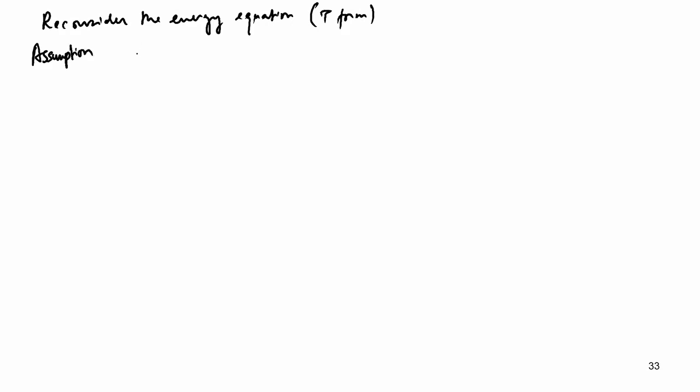So if we reconsider the energy equation in T form, with the assumption that Cpi is equal to Cp, P is equal to constant, and Q radiation is equal to 0, we arrive at a simplified temperature equation, which we obtained previously from the enthalpy equation.